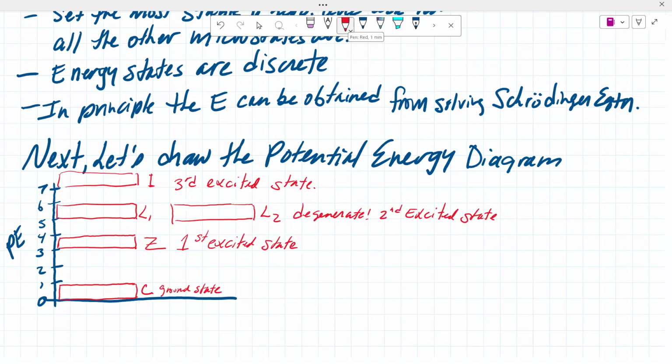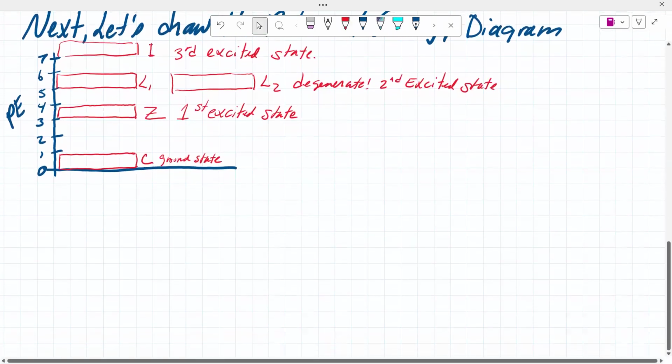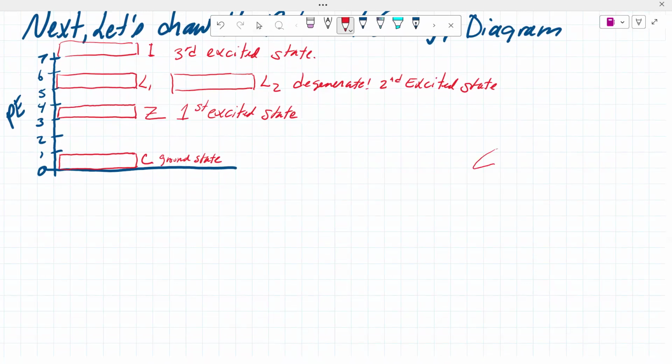So now what we want to talk about is how many peptides would actually be in each state if you had an ensemble of peptides. It's going to depend on the energy that they have. So I'm thinking about a beaker. We'll draw the beaker like this, with a little spout, like so.